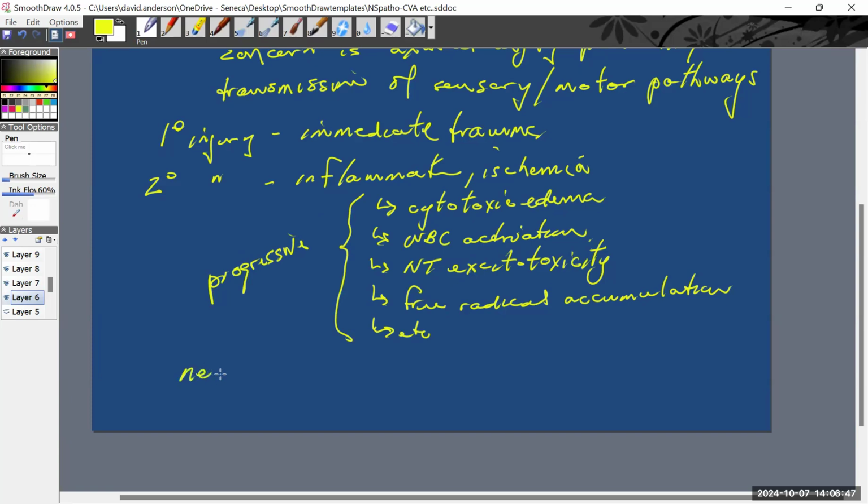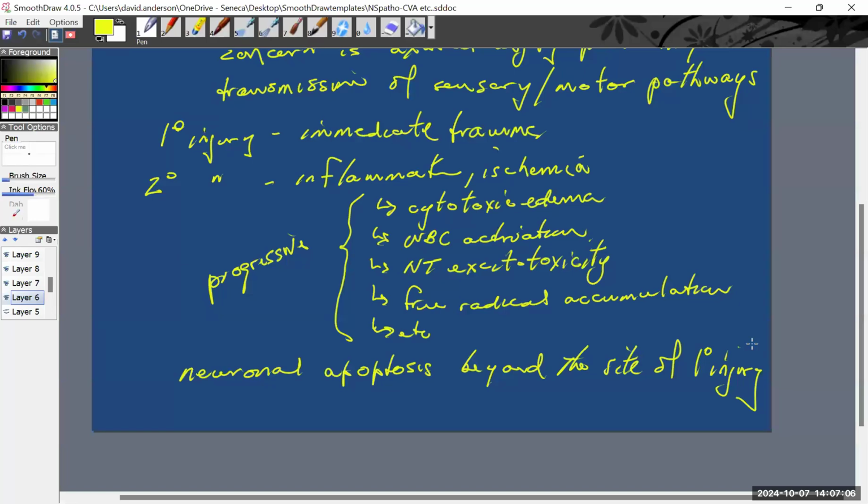So again, a lot of this is going to be summarized as neuronal apoptosis beyond the site of primary injury.